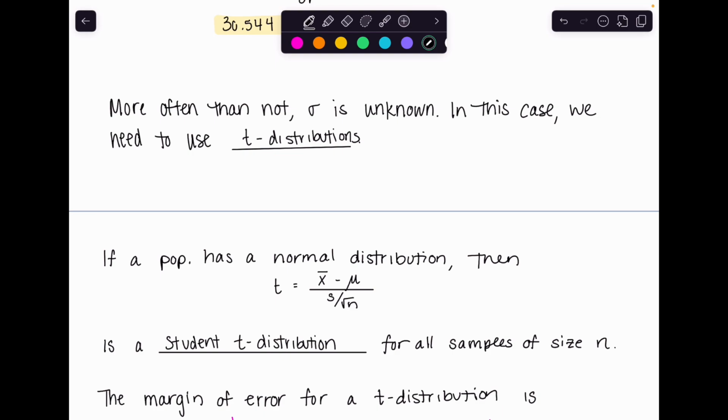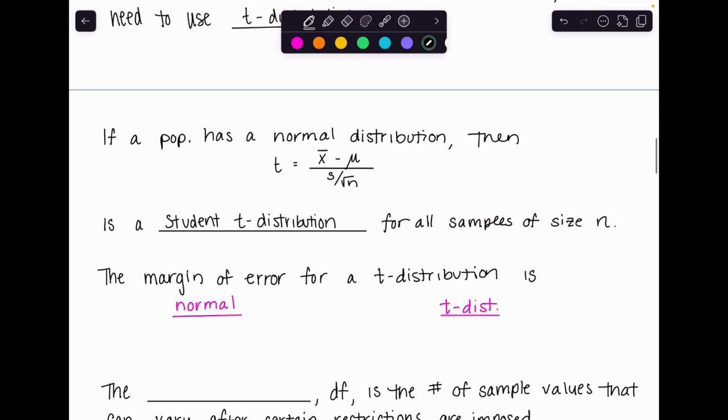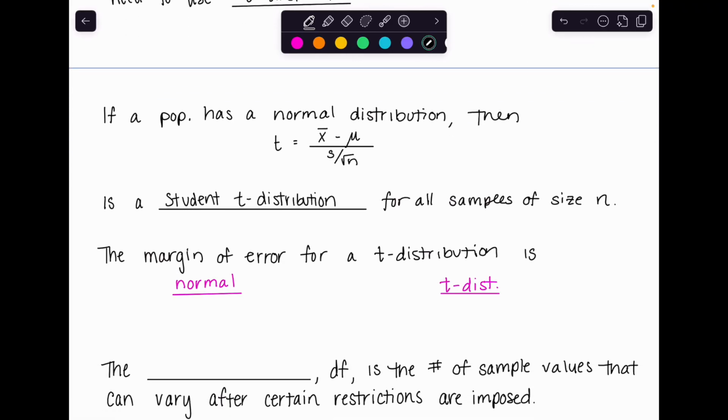So it's more forgiving, basically. The main difference when you find the margin of error for a t-distribution is you're going to look at a different table to find that critical value. So when we have a normal distribution, that margin of error is found using z-scores. But now if I don't know sigma, this is unknown.